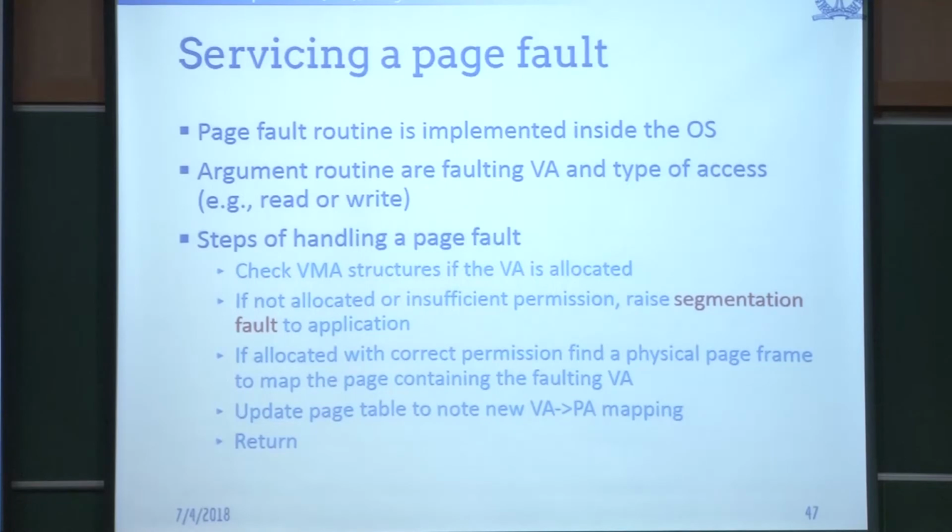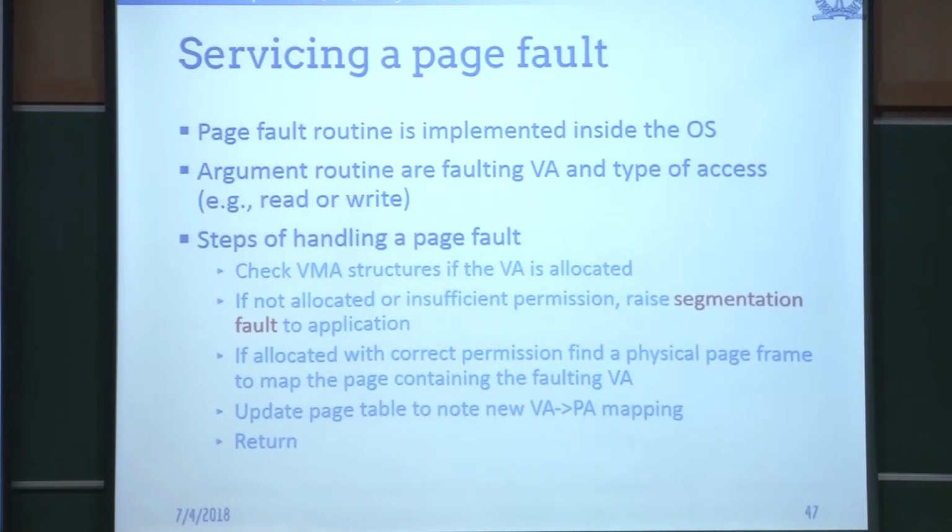If that were not the case, it will send a signal to the application: segmentation fault. This is how the segmentation fault comes into the picture. Through the page fault, the operating system checks it and sends it to the application as a signal. Boom, things crash. That's the basic working of it.